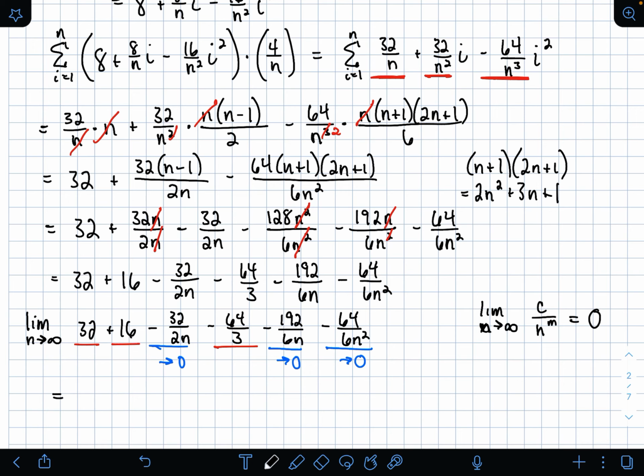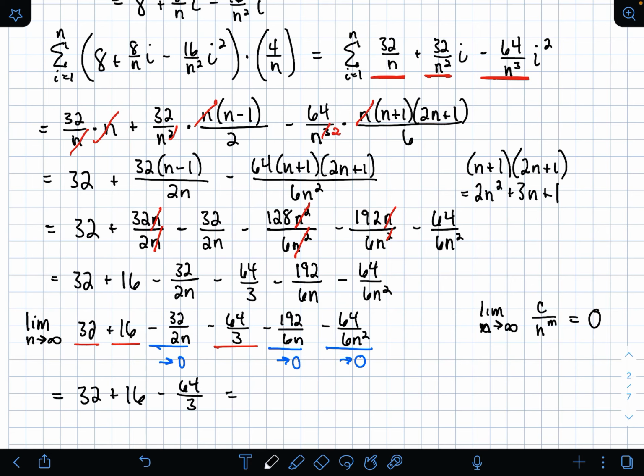So the whole thing becomes 32 plus 16 minus 64 over 3. We can combine the 32 and the 16, but we're going to need a common denominator to deal with that negative 64 over 3.